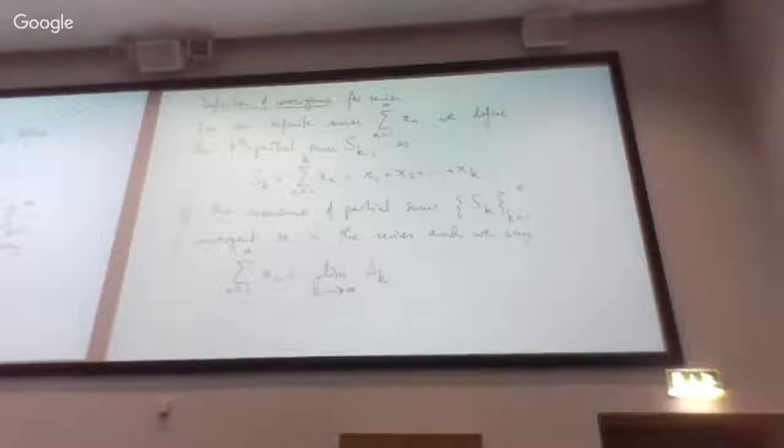Any queries just about the definition? Now, it's not a whole new concept of convergence. Really, it's just convergence for sequences, where we're talking about a sequence of partial sums.